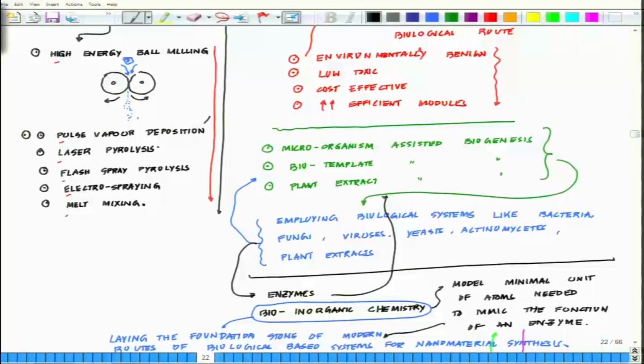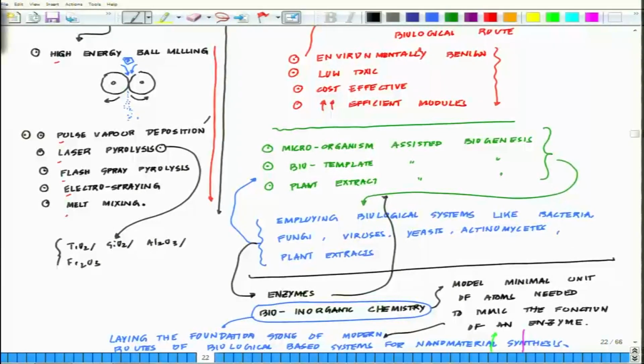This is what we are talking about, laser pyrolysis, and laser pyrolysis could be used for synthesis of TiO2, SiO2, Al2O3, Fe2O3, and there are a series of other oxides and non-oxides.